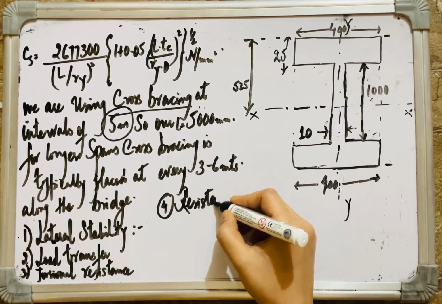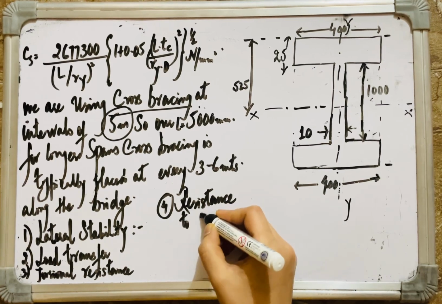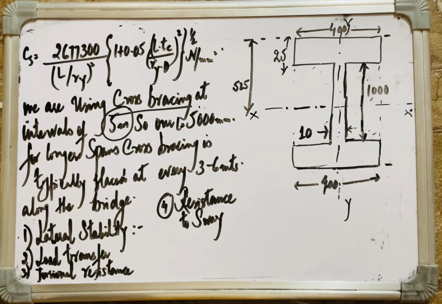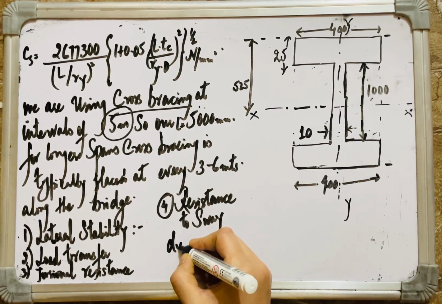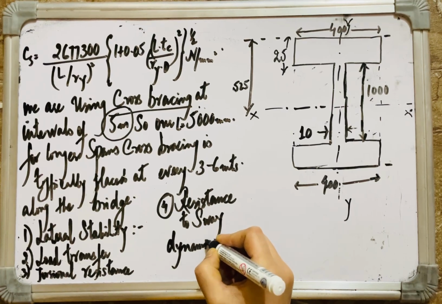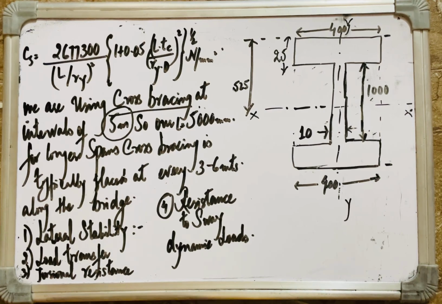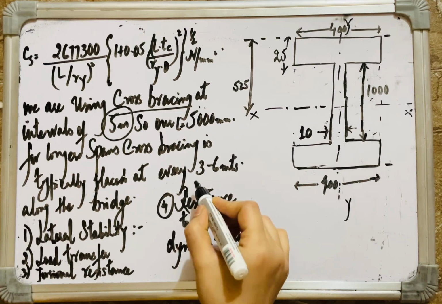Cross bracings also help to provide resistance to sway. That means they resist the wind, seismic, and other dynamic loads that are going to come on the bridge. That is the purpose of using cross bracings. For the longest spans, we typically brace them at every 3 to 6 meters along the bridge.